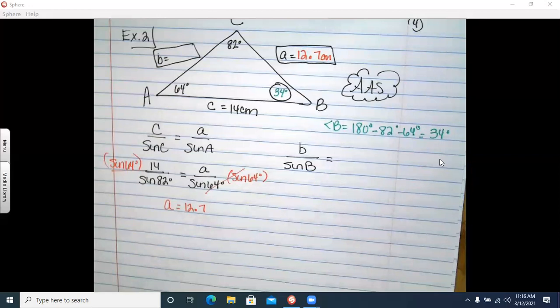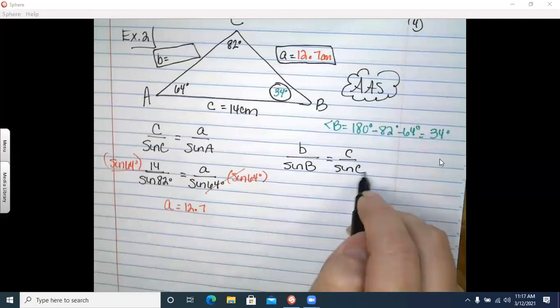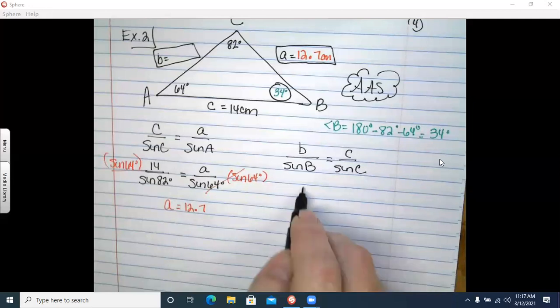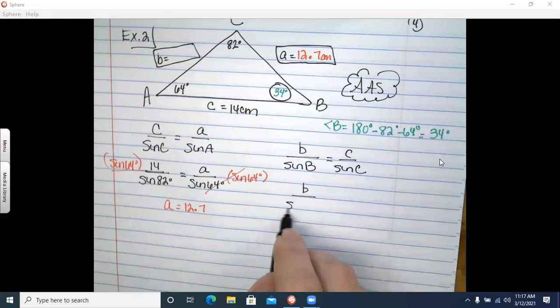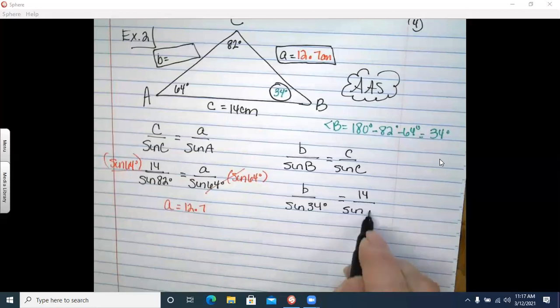I just use C over sine of C. It doesn't matter that I used it in the last one. So B divided by the sine of 34 degrees equals 14 divided by the sine of 82 degrees.